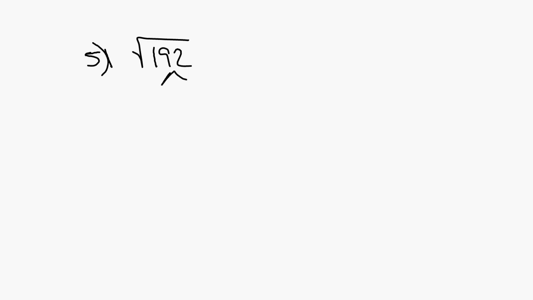The square root of 192 is equal to the square root of 64 times the square root of 3. The square root of 64 is 8, and times radical 3.